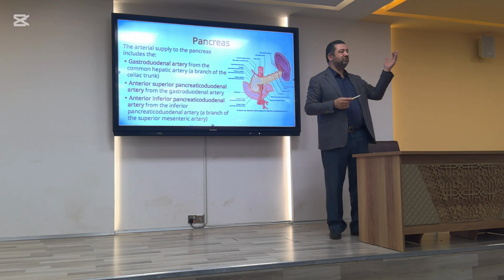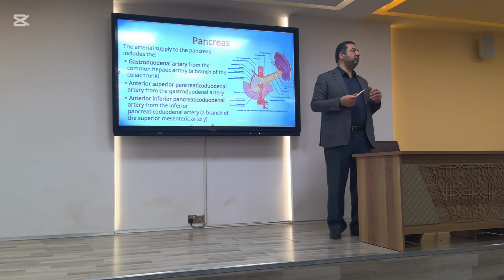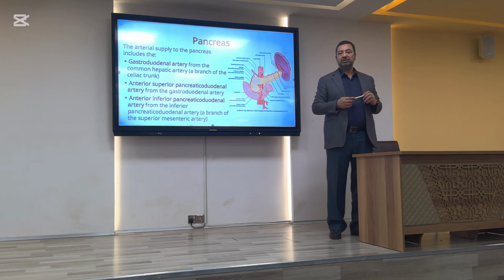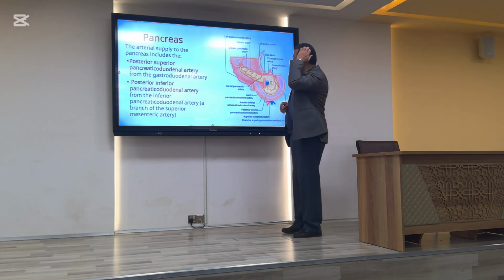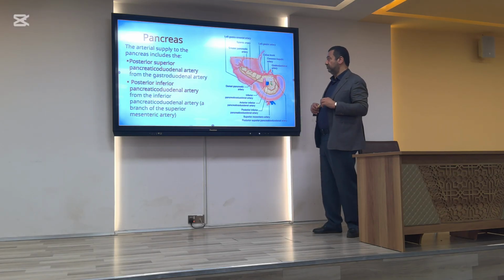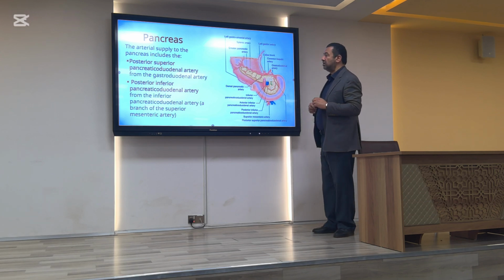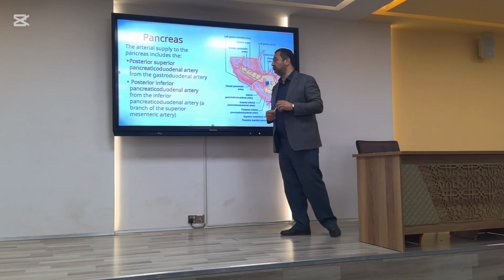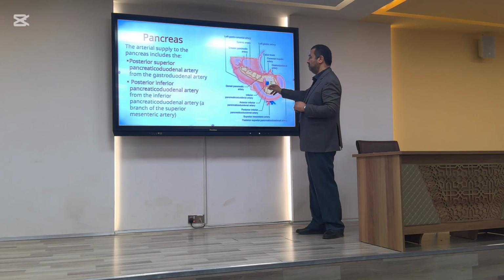Superior pancreaticoduodenal arteries are branches of the gastroduodenal artery, and inferior pancreaticoduodenal arteries are branches of the superior mesenteric artery. The posterior superior pancreaticoduodenal artery comes from the gastroduodenal artery, and the inferior pancreaticoduodenal artery is a branch of the superior mesenteric.